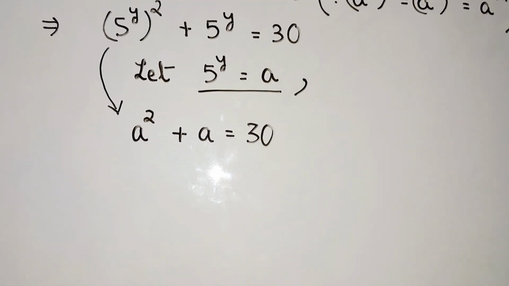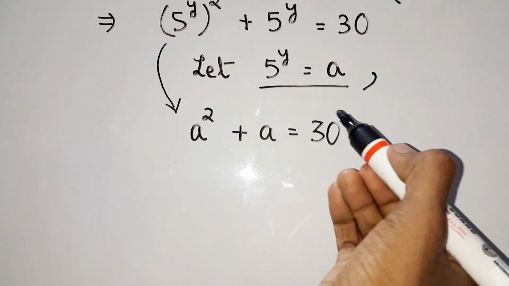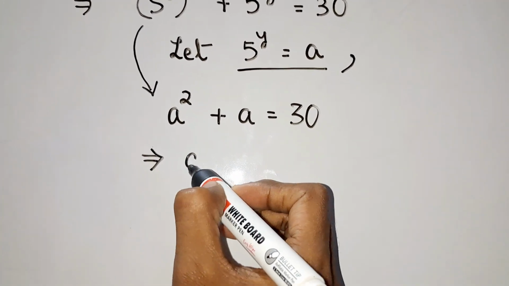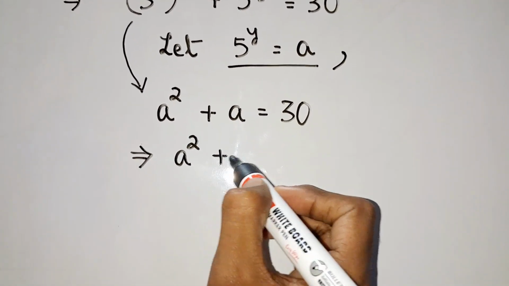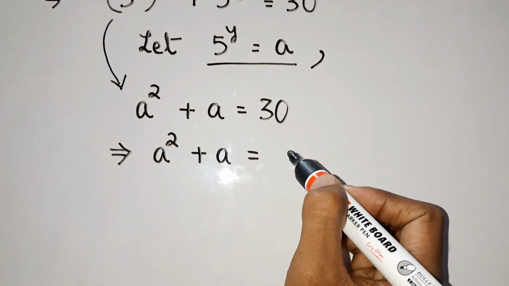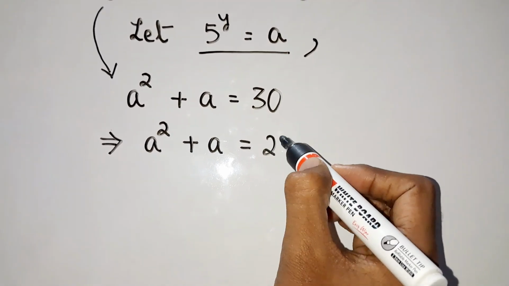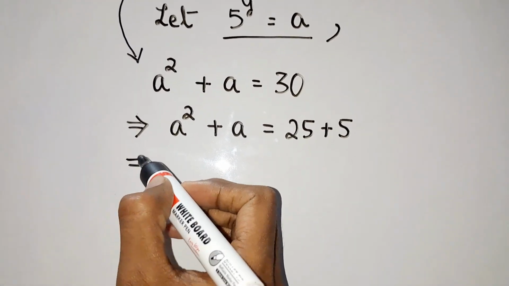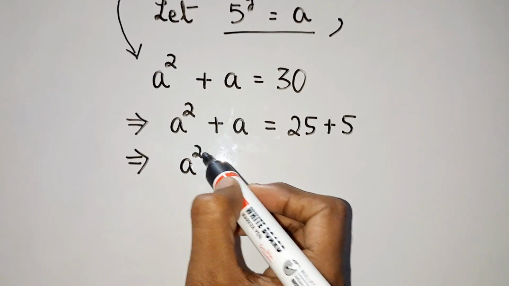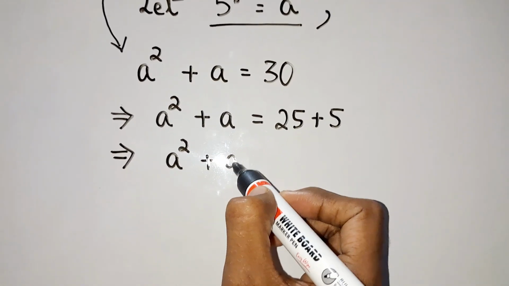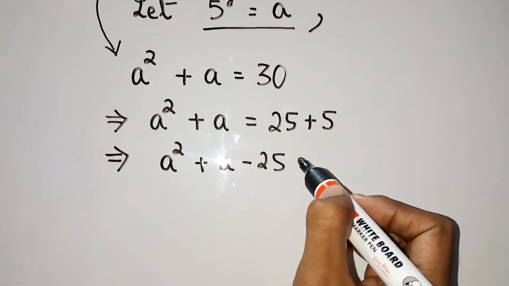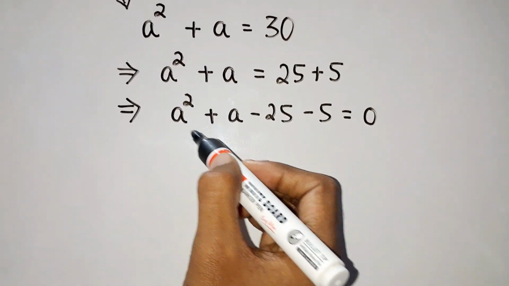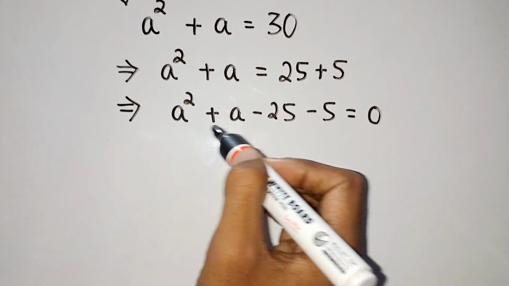Okay, now this can be easily solved. How? A square plus a, we can write 30 as nothing but 25 plus 5, and then we can bring this one as a square plus a minus 25 minus 5 equals to 0. Then we can pair 25 with a square and 5 with a.